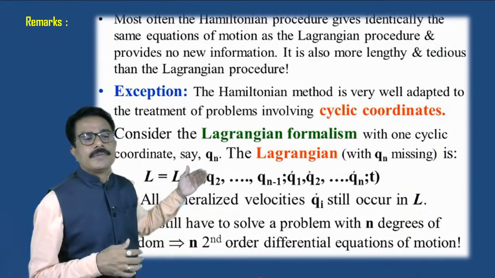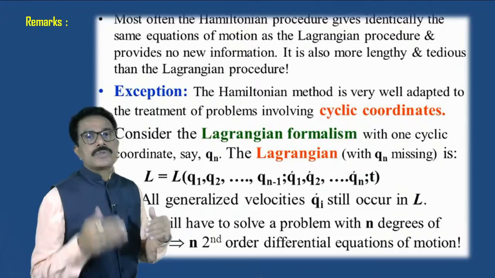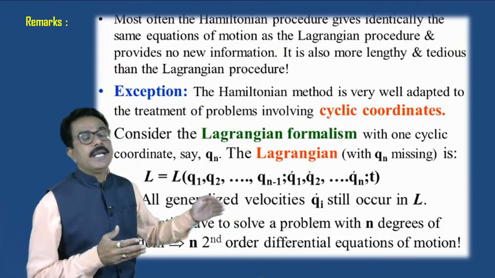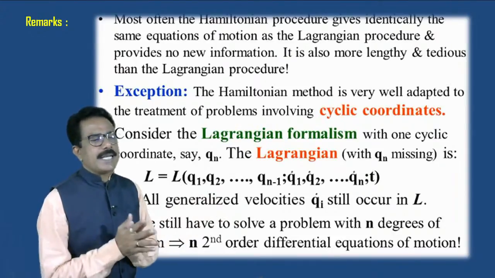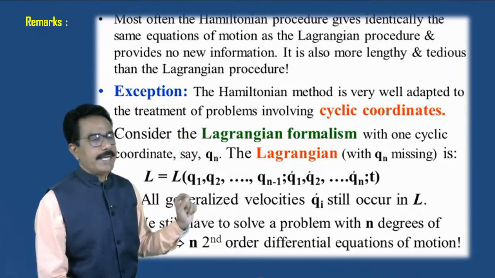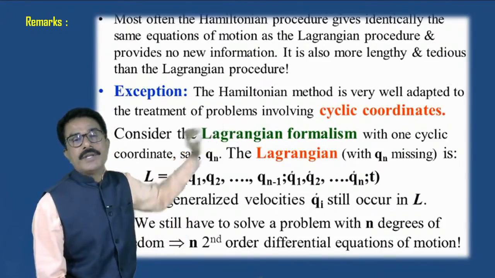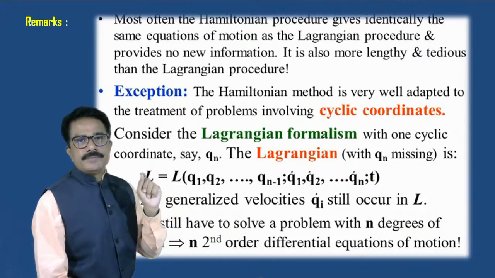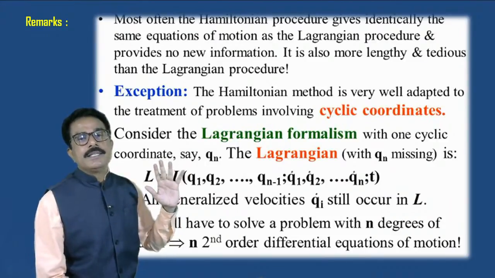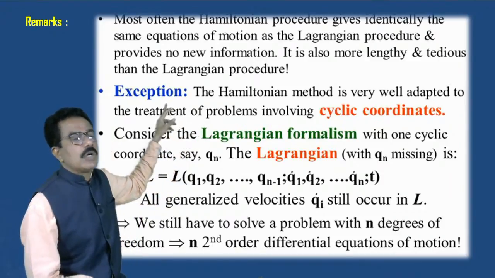It is also more lengthy and tedious than the Lagrange's procedure, but the results are the same. Exception: the Hamiltonian method is very well adapted to the treatment of problems involving cyclic coordinates. If there exist cyclic coordinates, then we can solve those problems very well by using the Hamiltonian principle. This is note number two.